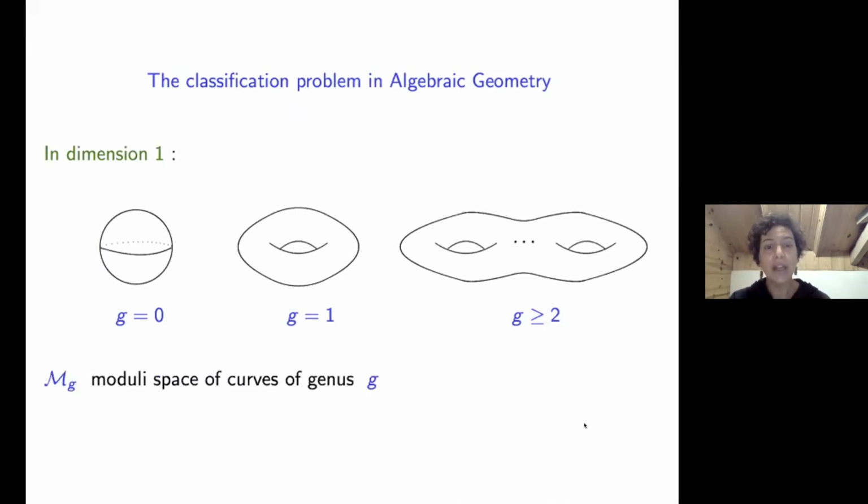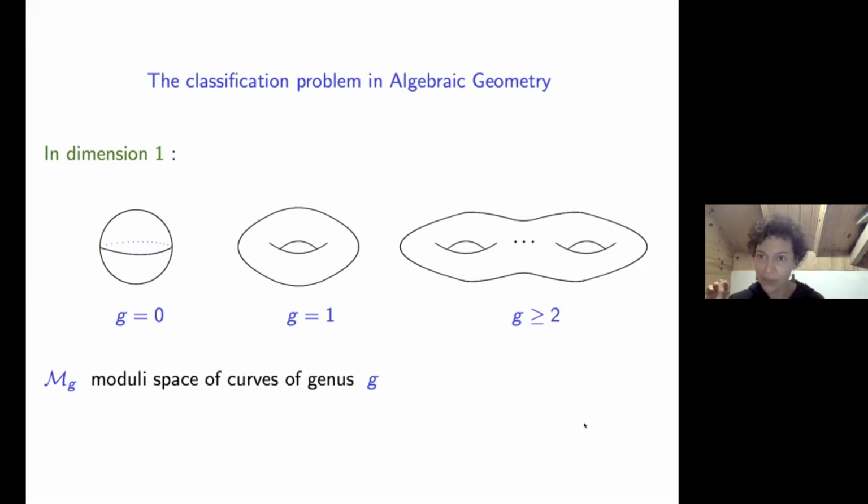In dimension 1, the classification problem may be stated as follows. As a first step, we have this discrete invariant, the genus, and we put our curves into these classes.